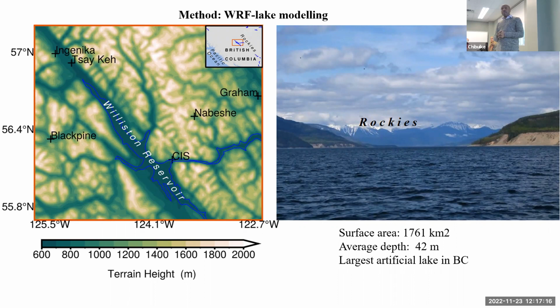But there was not much monitoring at that time, in 1968, and even up to now there's not much long-term data. So we had to use a modeling approach, using a numerical model that describes the atmospheric system in a way that is quite representative of this area.